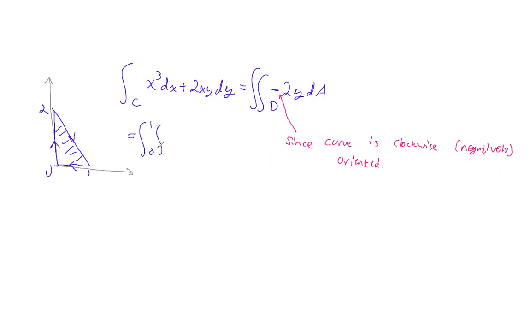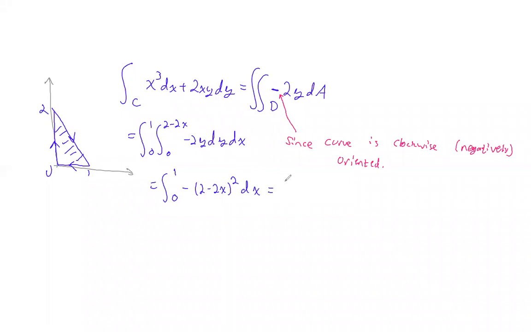Integral from 0 to 1, integral from 0 to 2 minus 2x of negative 2y dy dx, or integral from 0 to 1 of negative (2 minus 2x) squared dx.